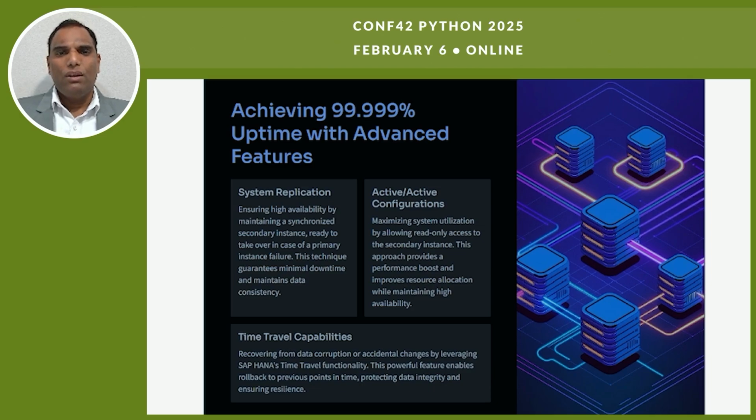This approach provides a performance boost and improves resource allocation while maintaining high availability. Third one is time travel capabilities, recovering from data corruption or accidental changes by leveraging SAP HANA's time travel functionality. This powerful feature enables a rollback to a previous point in time, protecting data integrity and ensuring resilience.